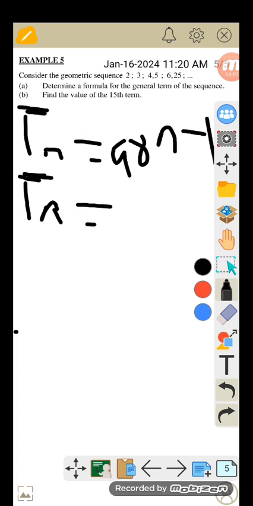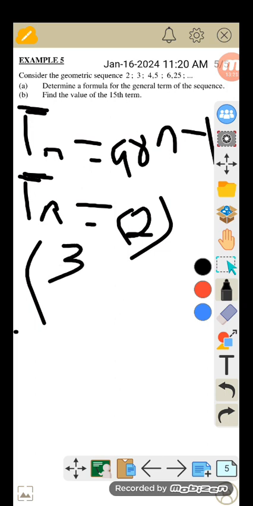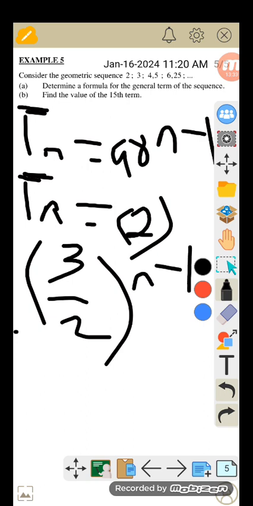Where we see a, we put 2, multiplied by 3 over 2, because our r is 3 over 2, to the exponent n minus 1.